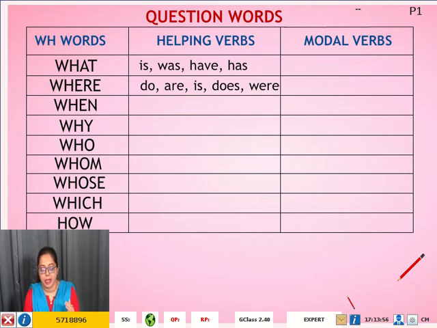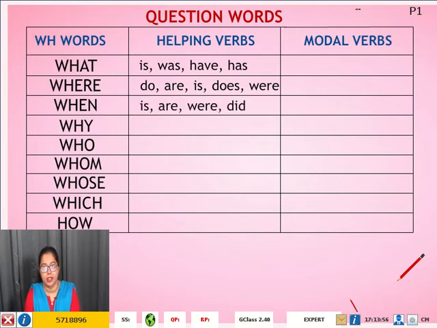For example, if we use the helping verb with the question word where, we can make a sentence like this: where do you stay? This is one example. The first sentence I used was what is your name, the second sentence where do you stay. These are the kinds of examples I am giving you so that you can understand how to use WH words and helping verbs.